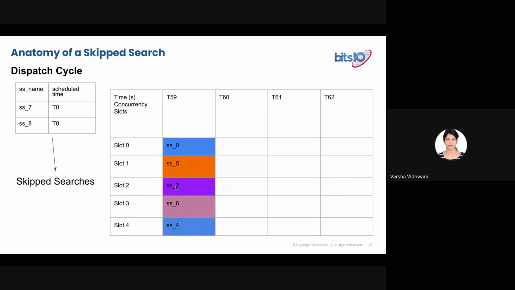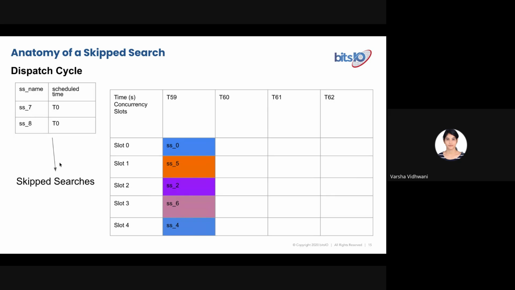Since we have reached the boundary of the 1 minute window, all of these searches that were supposed to be completed within that 60-second schedule, by the time we hit T59, only 7 searches were completed, and the other 2 searches have been skipped.